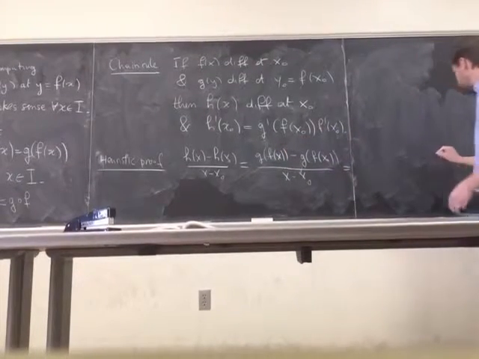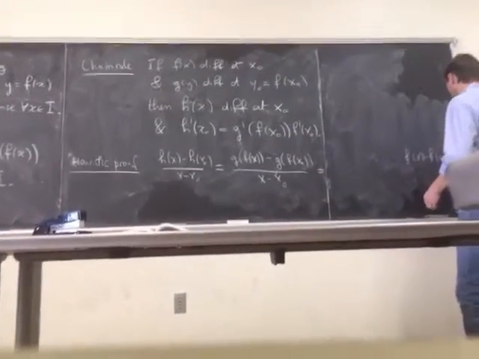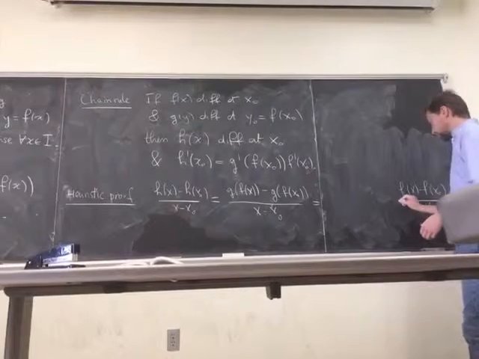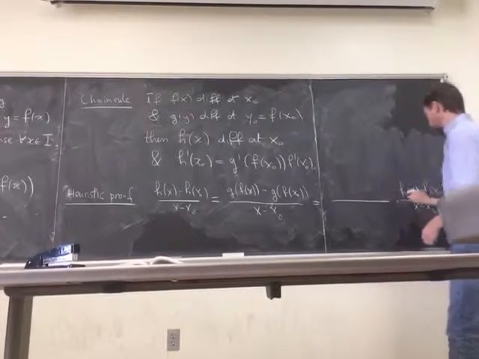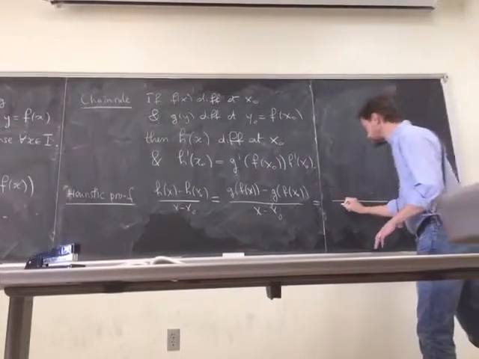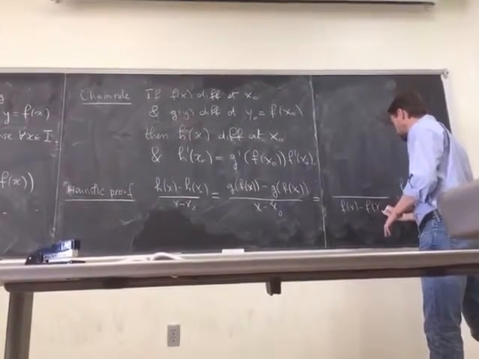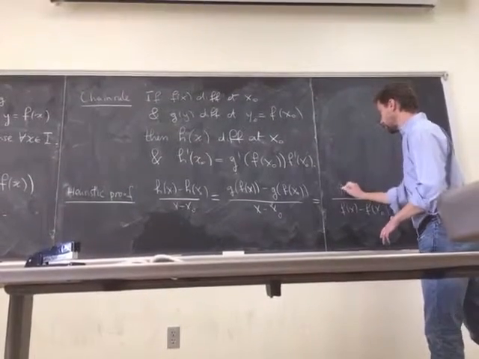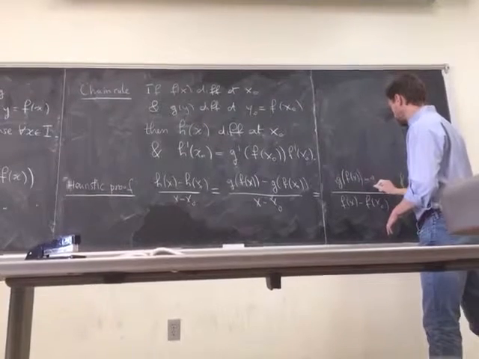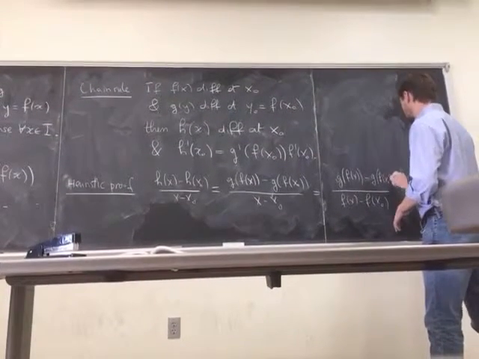So if I do that, I get f of x minus f of x naught divided by x minus x naught. And since I have multiplied by this guy, I have to divide by it. So here I need to put f of x minus f of x naught, and here I will have g computed at f of x minus g computed at f of x naught.